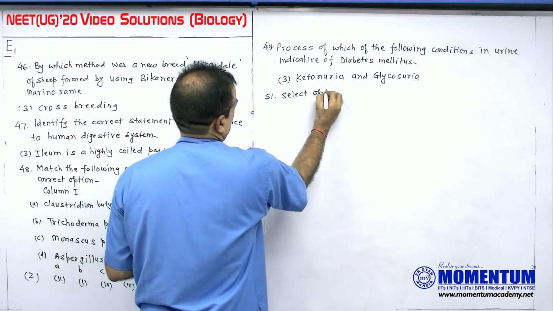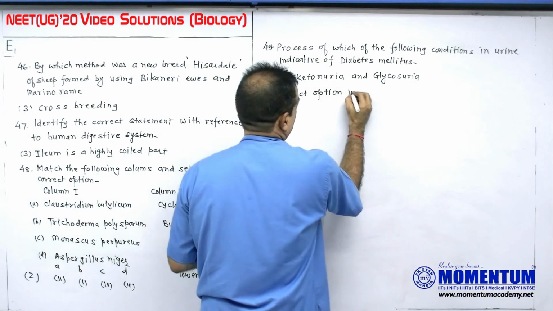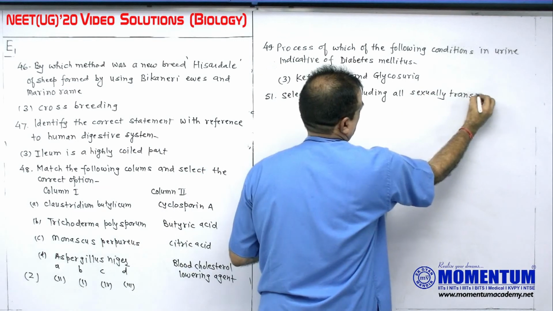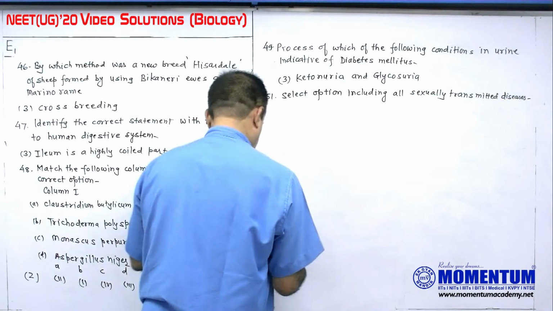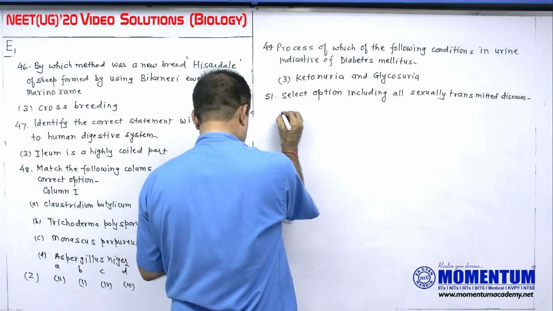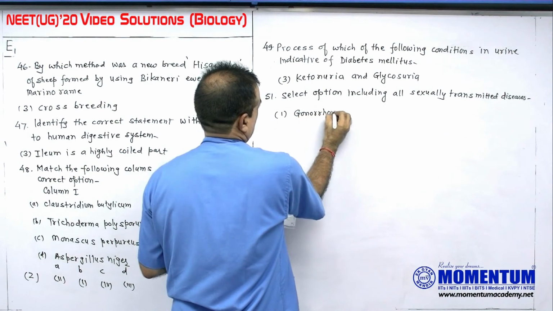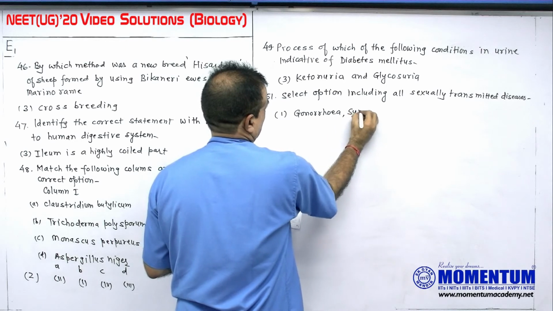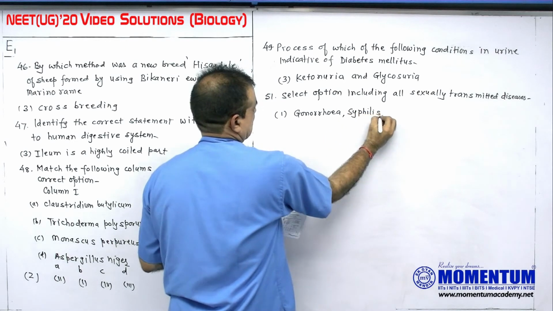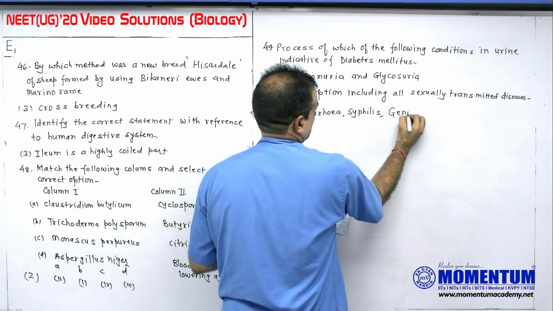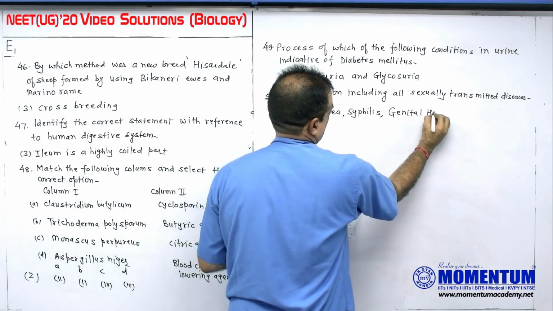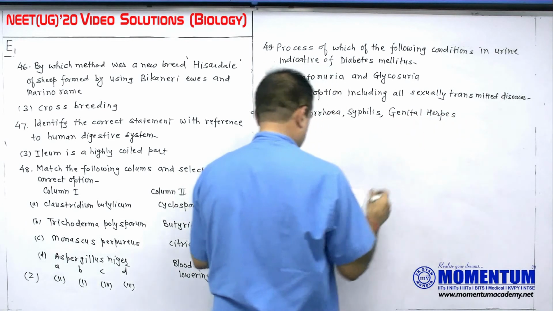Correct option is gonorrhea, syphilis and genital herpes.